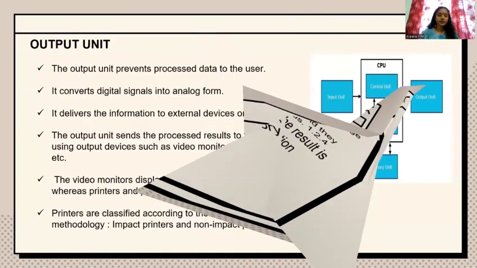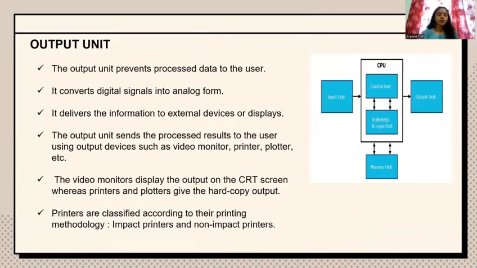Then the output unit. We already know that the output unit presents the processor data to the user, converting the digital signals into the analog format. It delivers the information to external devices or displays.